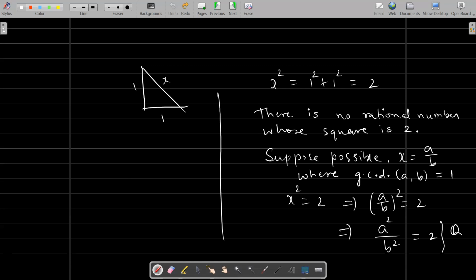So if p square by q square equals 2, if one integer square is divided by another integer square, it can't equal 2 unless p equals q root 2, and because only an integer multiplied by another integer can give you another integer, and because root 2 is not an integer, therefore this is not possible. But you have to say that step, p equal to q root 2, a little more precisely.